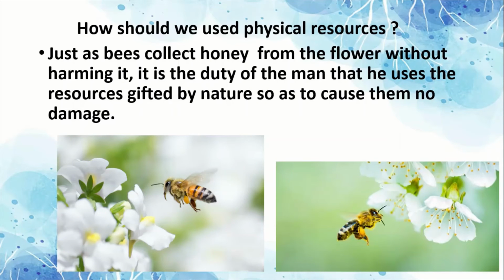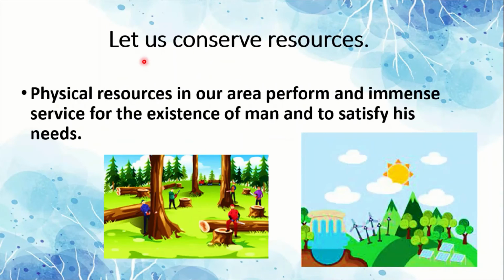Think about the way that a bee collects honey from the flowers. The bee does not harm the flower in any way, even as it fulfills its need. That is how we should use resources to satisfy our needs. Let us conserve resources.